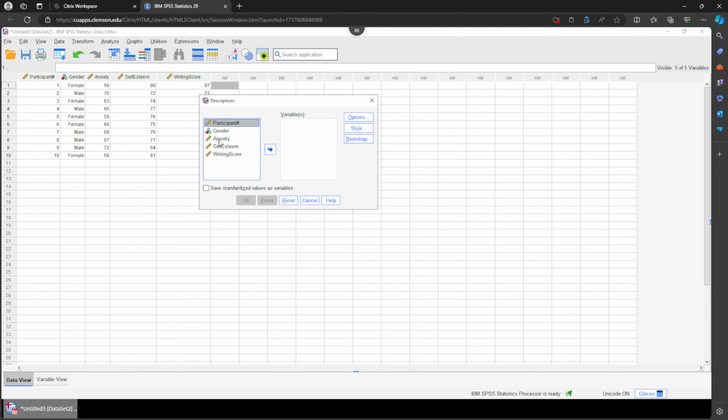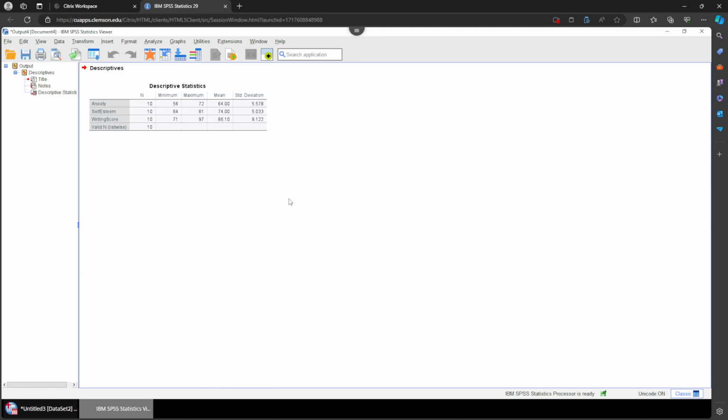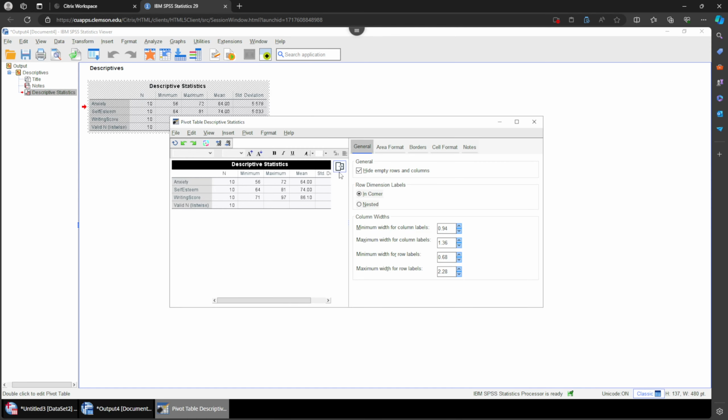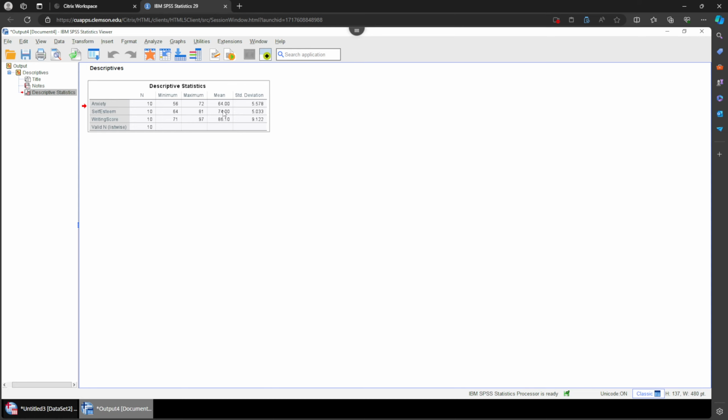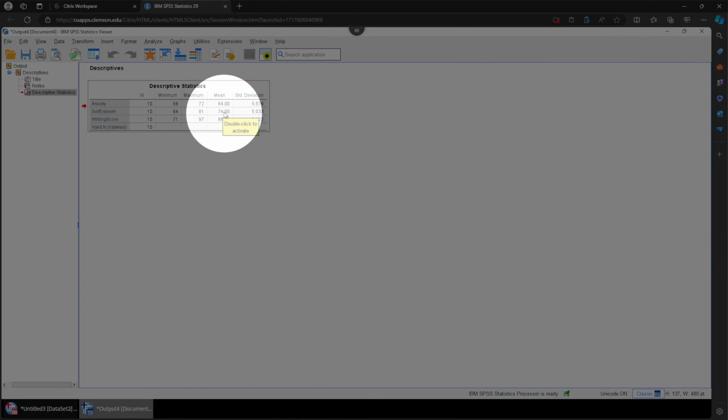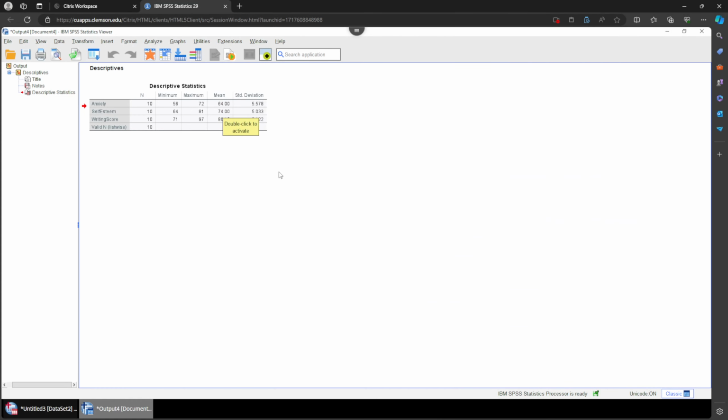From here, I want to include my variable of anxiety, self-esteem, and writing score. And when I choose those and hit OK, I get my output window that's going to show me my mean values here of my 3 different variables. So go ahead and make note of those values and then report them in your assignment sheet.